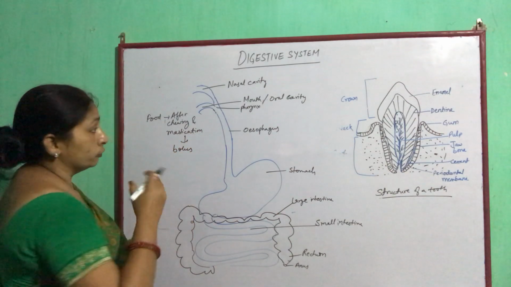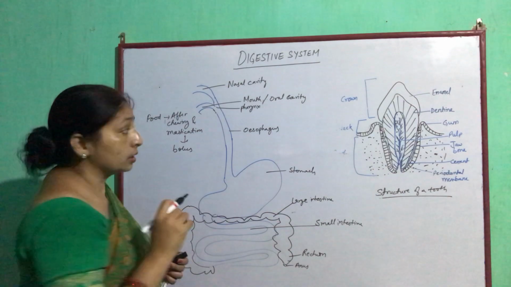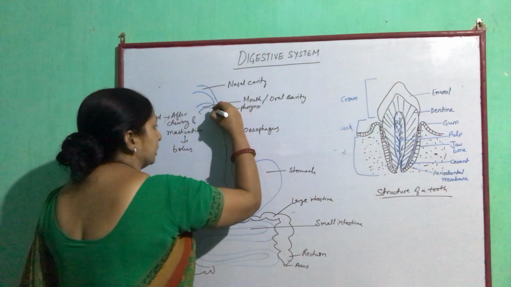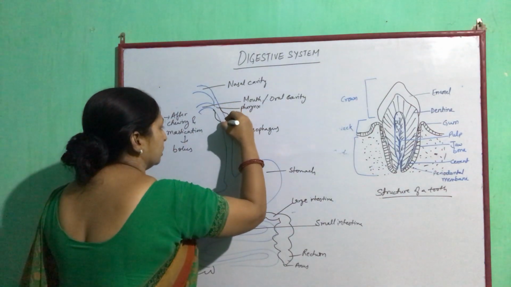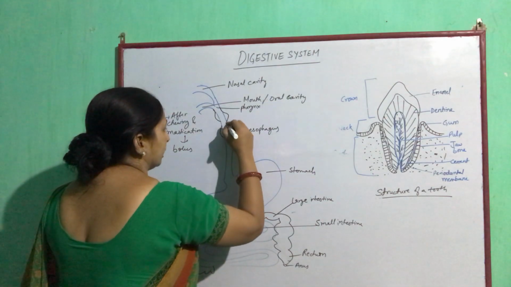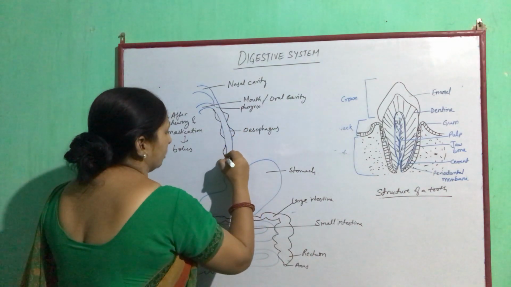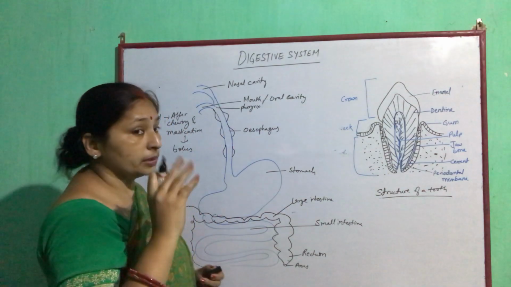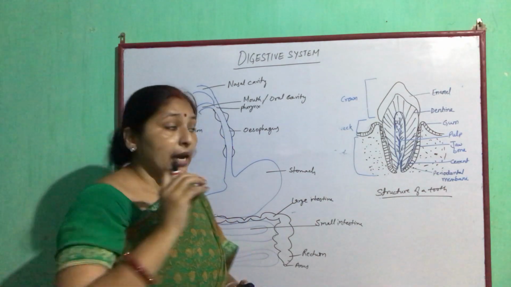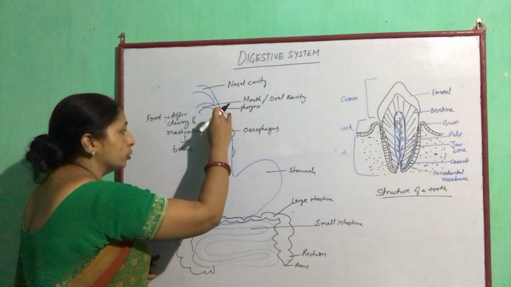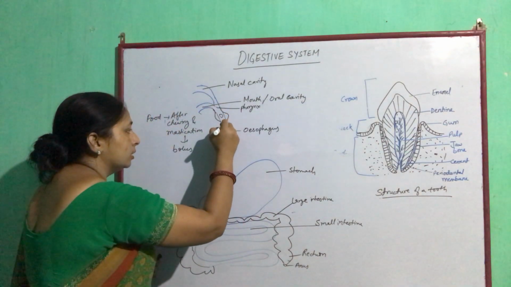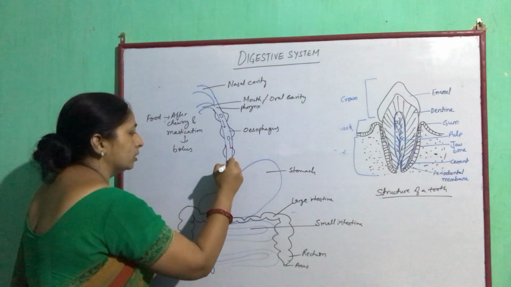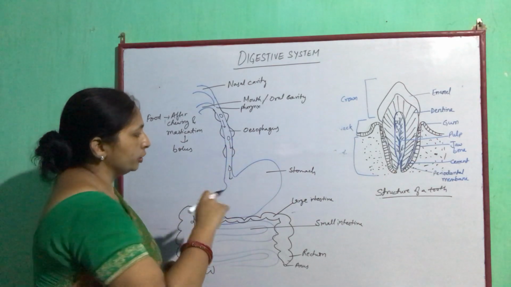Now this food that we engulf is the bolus. How does it enter? There is contraction and relaxation of the esophageal muscles. They contract and relax, and this pushes the food like this into the stomach.